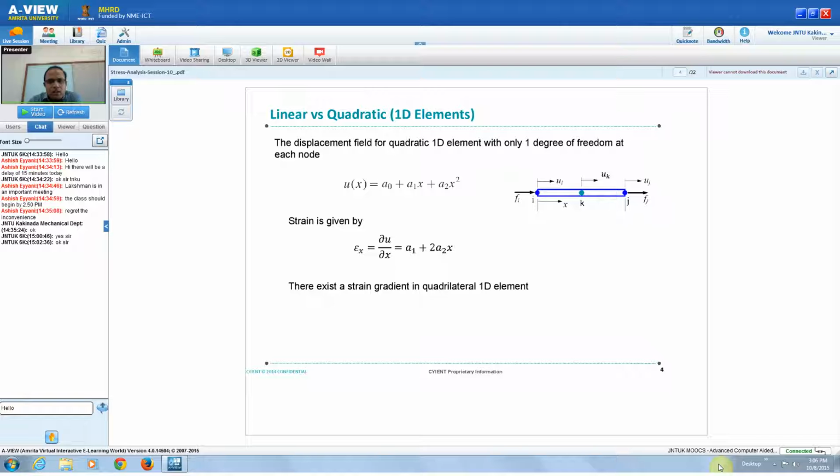That means for this element, there is a linear variation in the strain. There exists a strain gradient within the element. It varies linearly across the element, because the equation we got is a linear equation.